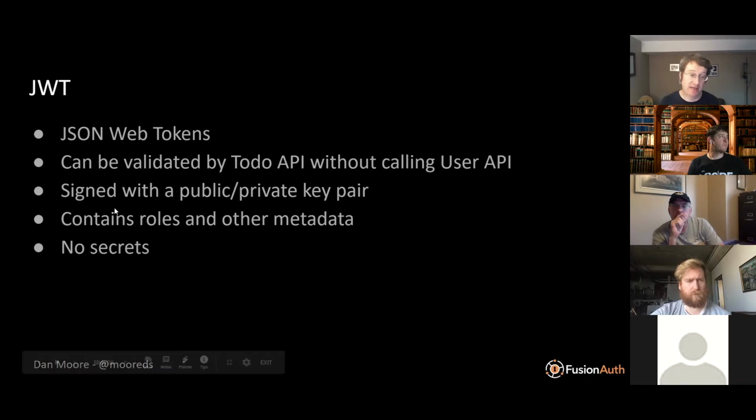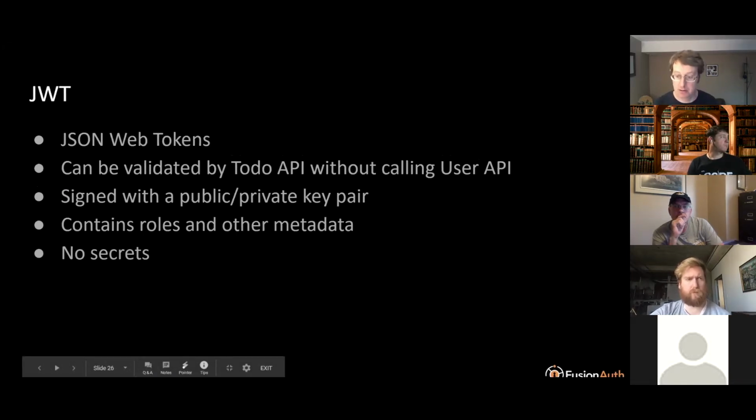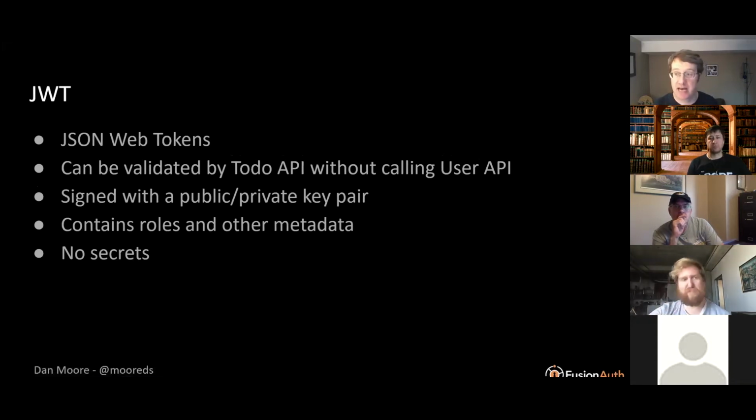The one thing I want to emphasize over and over again is don't put secrets in your JWTs. The reason why is that, and we'll break it apart in a little bit, it's basically a base 64 encoded string. The way that it's signed means that you can tell it hasn't been tampered with, but you're not protecting what's in there.